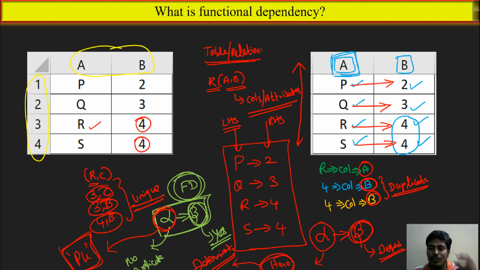Clear? So we have discussed the topic of functional dependency by taking the root concept from the Excel. So Excel contains both row component as well as column component. So we can easily identify the duplicates and you can uniquely define the thing. But the scenario is not the same with respect to database. Why? Because we are having only the column component.